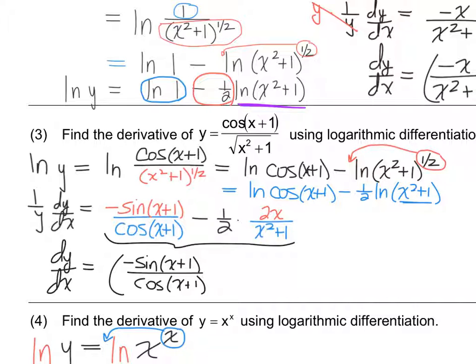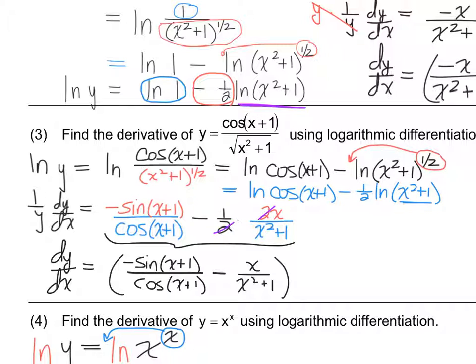I personally can't resist. The 2's would cancel. So I'm going to make that slight adjustment, but if you wrote negative 1/2 times 2x over x squared plus 1, it would still be fine. It's just a little bit nicer.